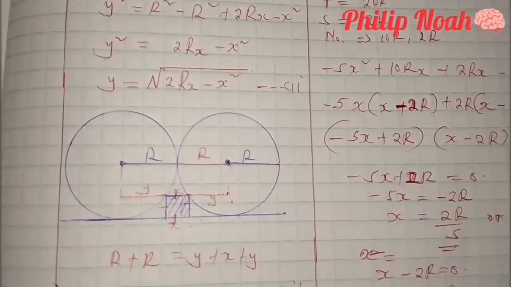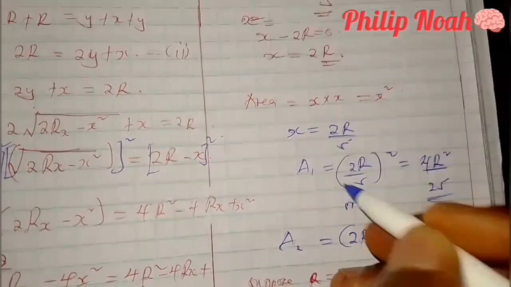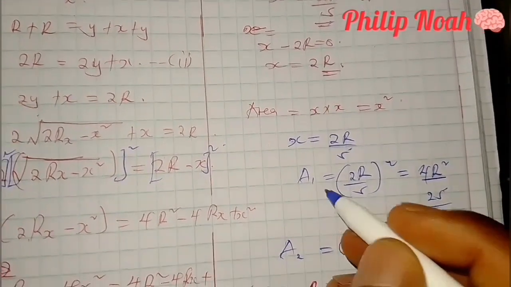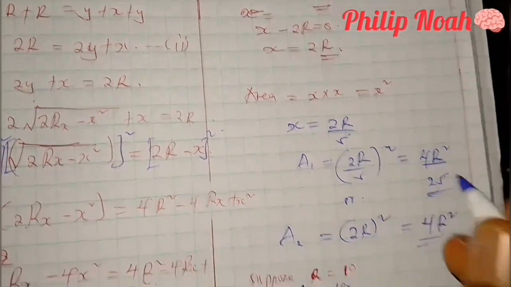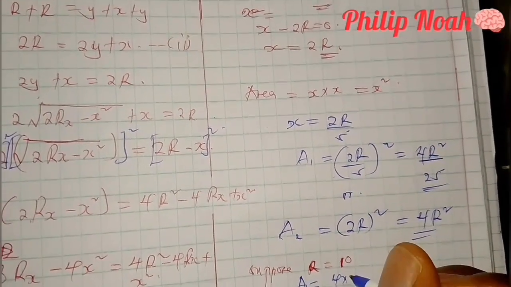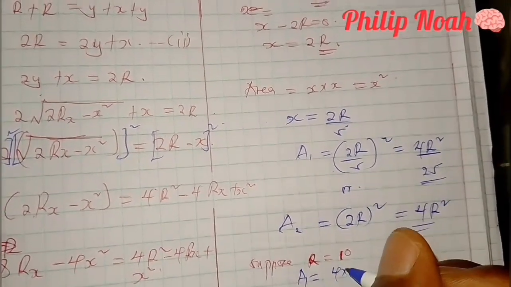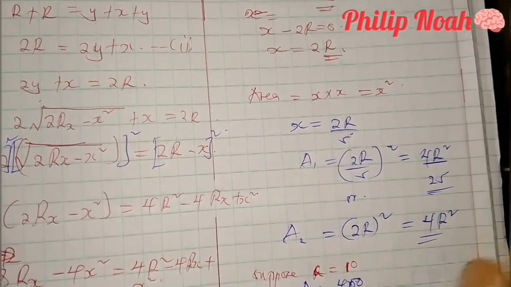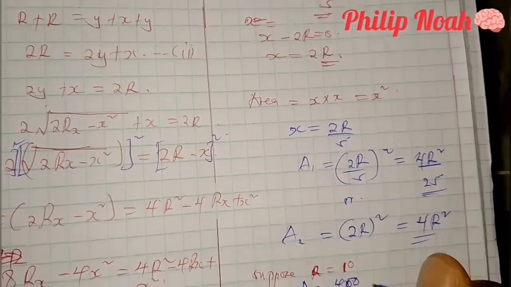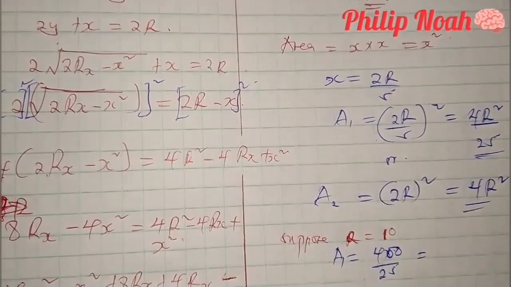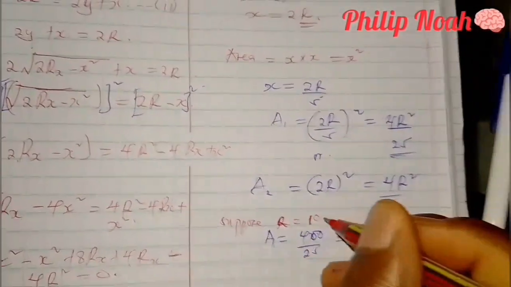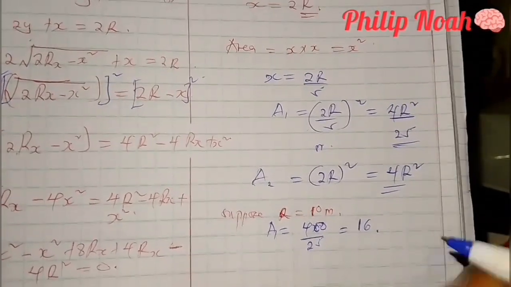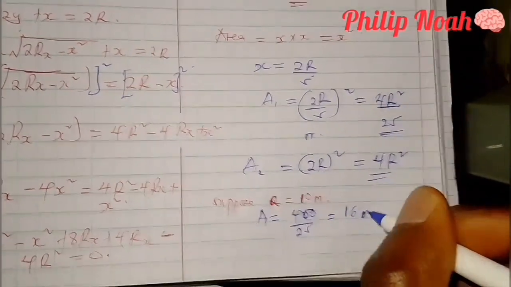If we use the first relation, area 1 will be 4 times 100, that becomes 400 over 25. 400 divided by 25 gives us 16 square meters.